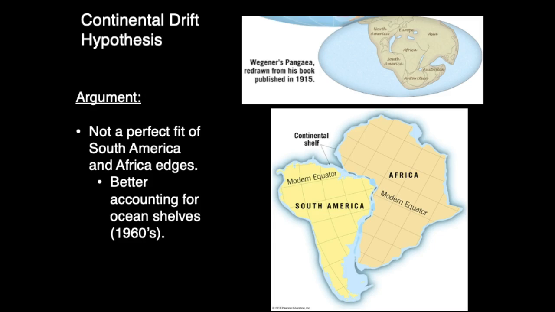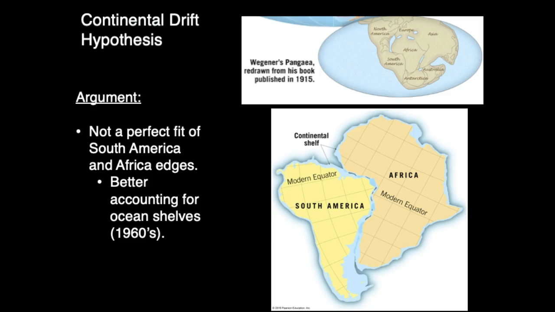Africa, fitting together after they accounted for the continental shelves, which, as we saw in the last chapter, lie just submerged a few hundred feet or a few hundred meters under the sea level.